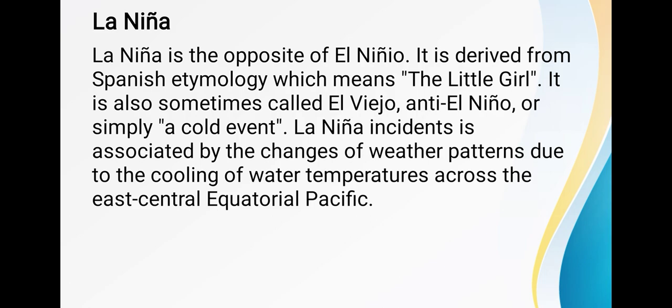La Nina is associated with changes in weather patterns due to the cooling of water temperature across the east equatorial Pacific. And if we experience La Nina, there will be an excessive amount of rain. And what will happen? Of course, flooding and other water related hazards.